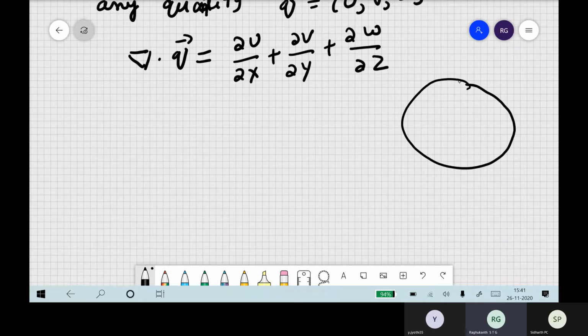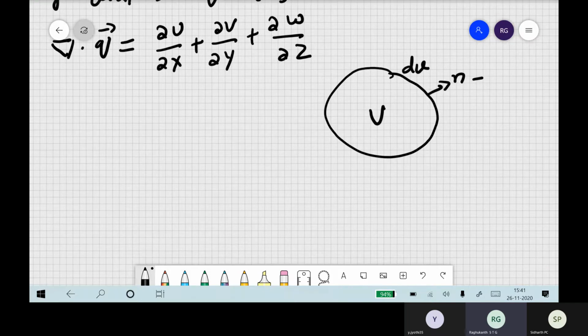So if I have any region, say, okay, so the surface is dou v and its volume is v inside, and this is a surface normal. Okay, so this is a normal to the surface. So this is my surface or the boundary. Okay, and this is my volume which is inside.